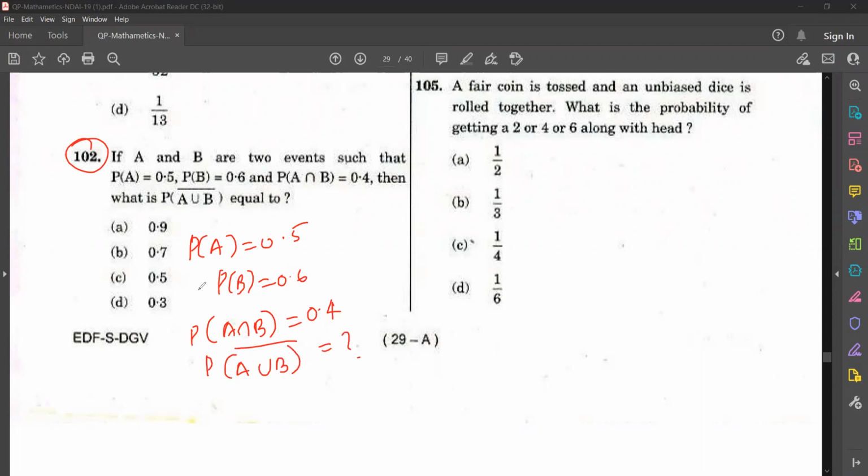Direct question now. What is the formula that you have to use? Just try. You know the formula. Once you get the answer, comment it.